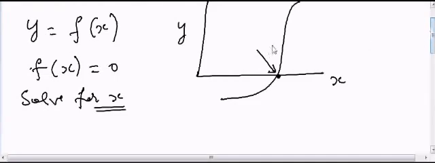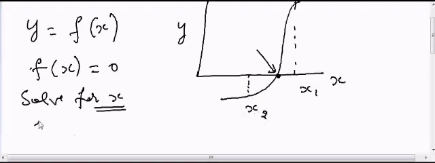If you look carefully, if I put any value of x above this number, for example, suppose this is x1, and this will be x2.